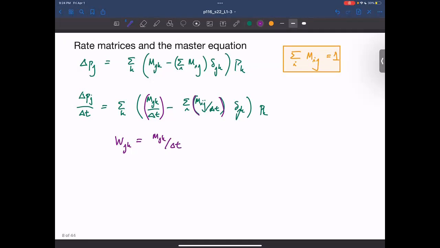Now, we need to choose delta T appropriately. So this should be large compared to M, and small compared to the time evolution.